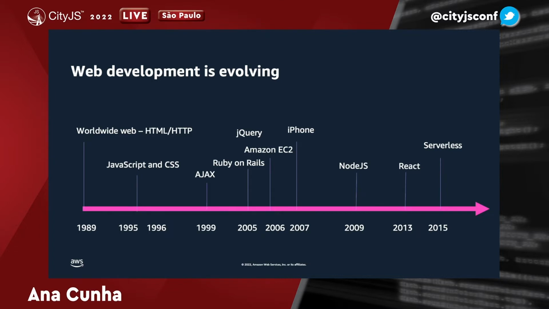With JavaScript, Ajax, and jQuery, we started to have dynamic pages. Everybody was impressed when Gmail launched and we could send messages without reloading the page.